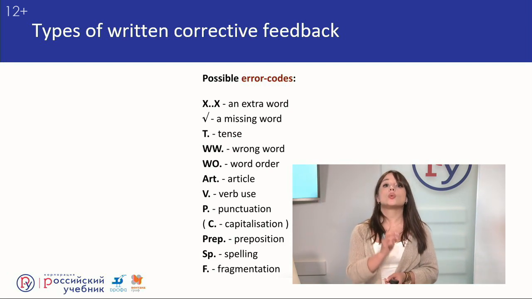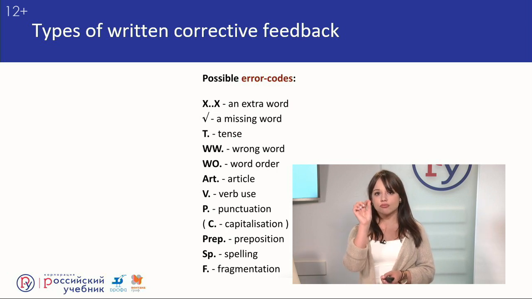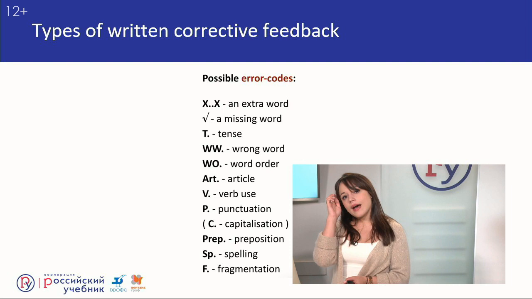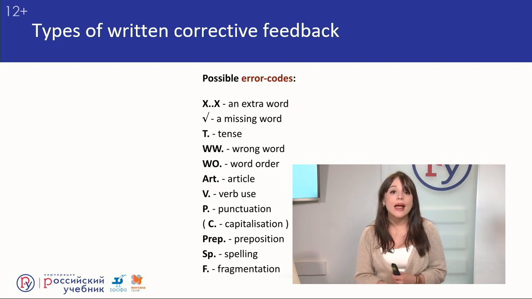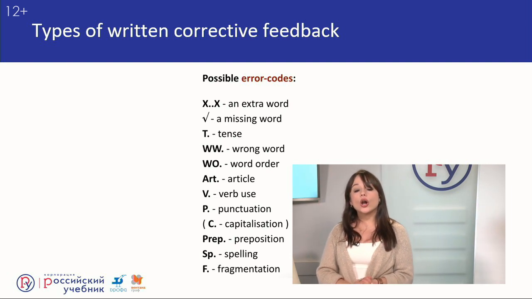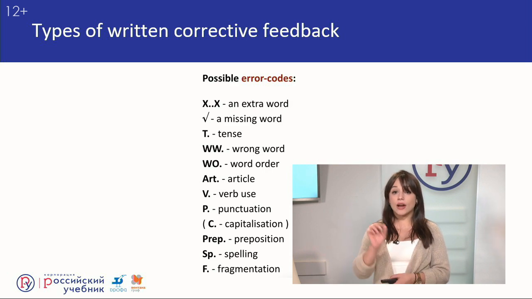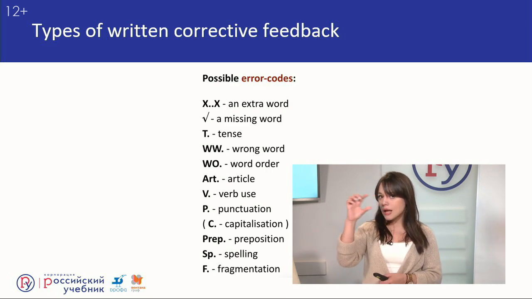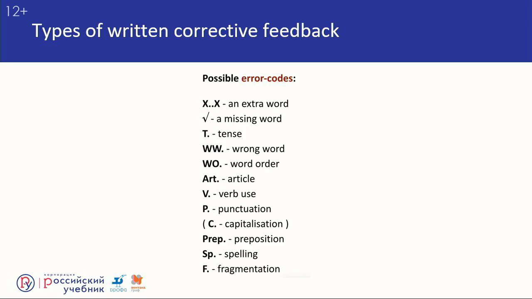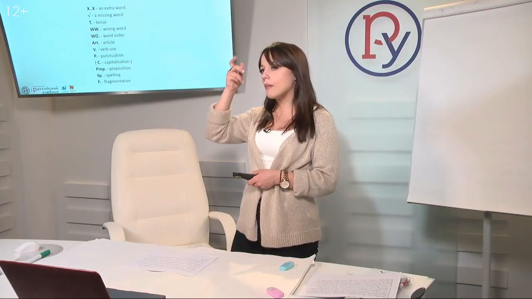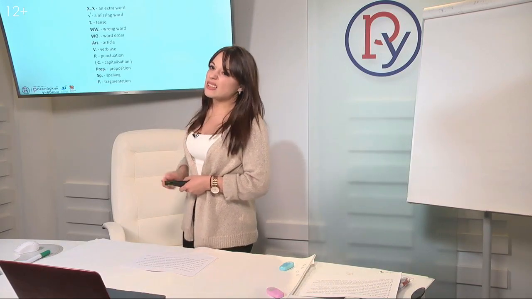Capitalization is when we write with an uppercase letter a word that shouldn't be written with the uppercase, or when you write with a lowercase, a small letter, the word that should be capitalized. For example, a proper name, right? A name of a city, Moscow, with a small m is a capitalization mistake.